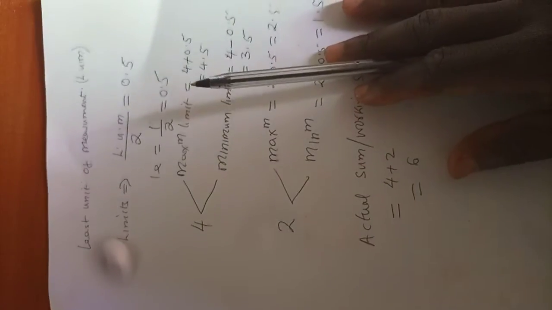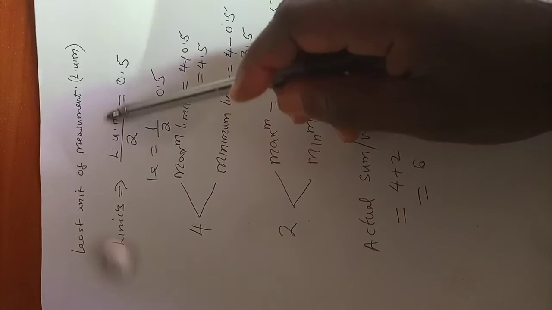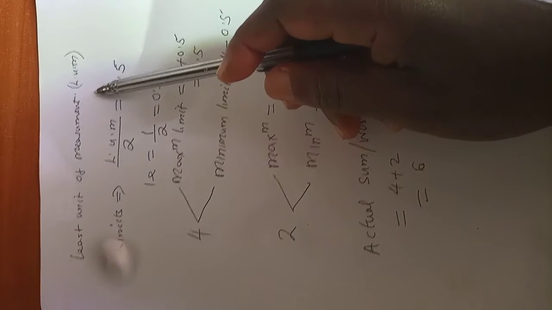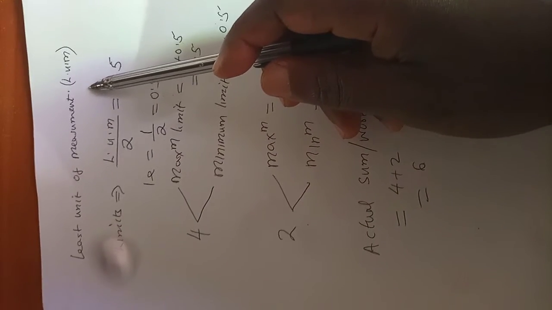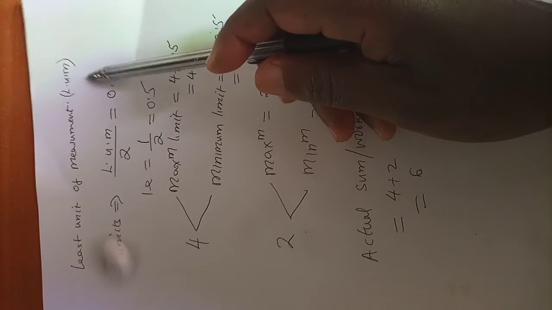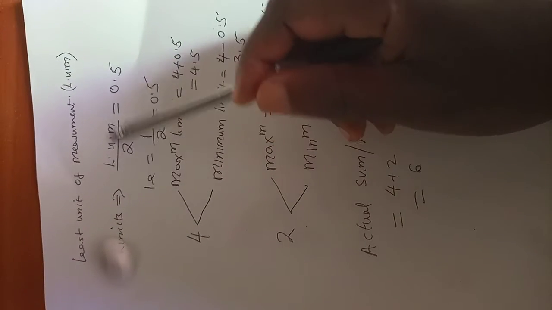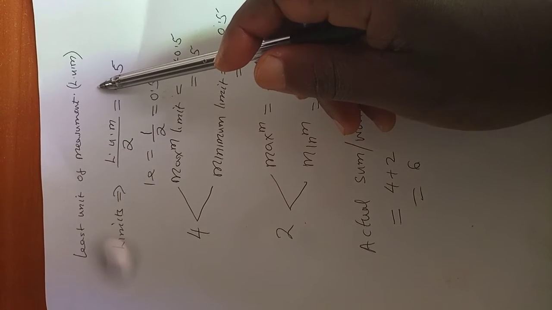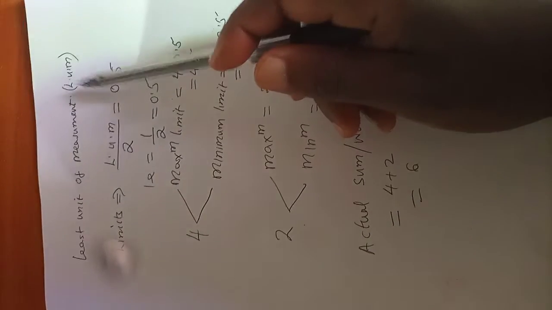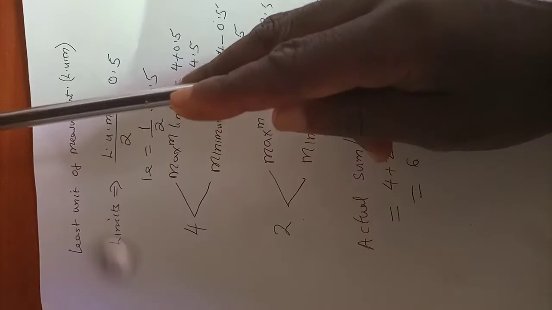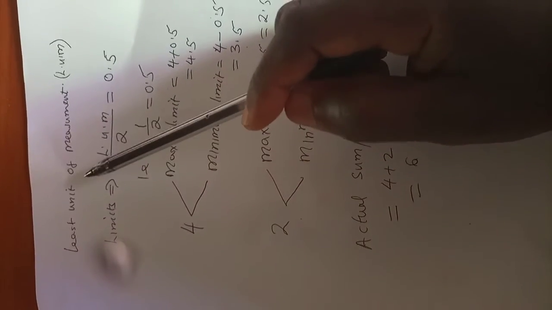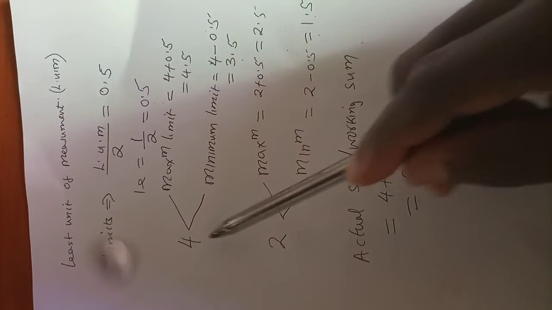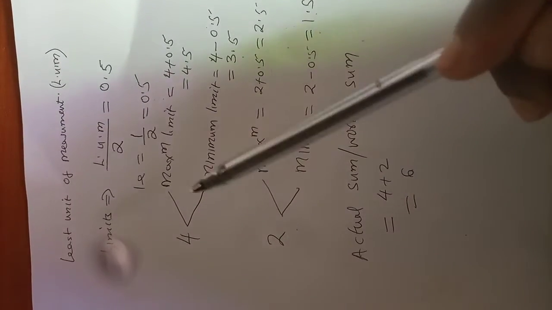So our solution will be as follows. We need to look at the least unit of measurement, which I have abbreviated as LUM. This least unit of measurement is the one which will give us the upper limit and the lower limit within which the individual measurements, that is the 4 and 2, will lie.